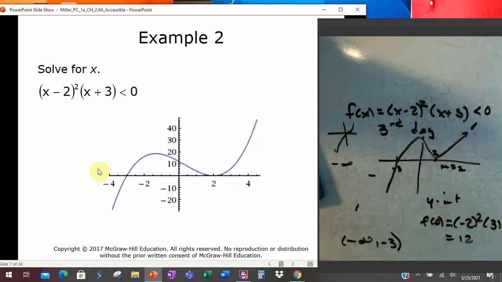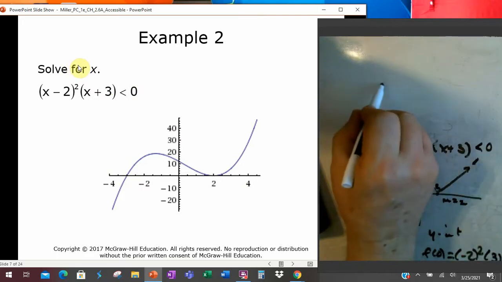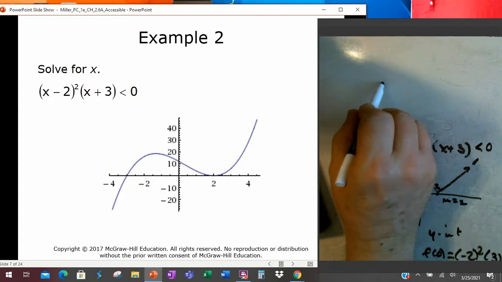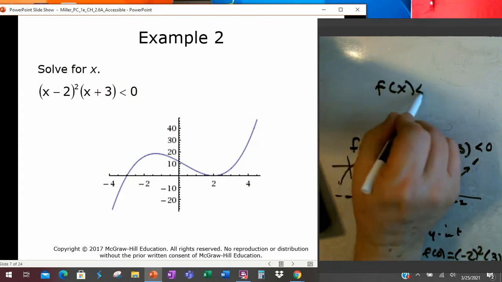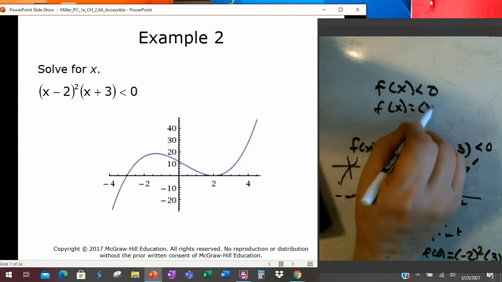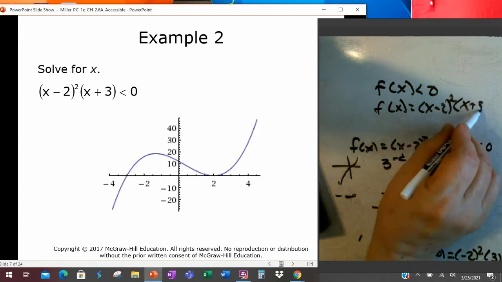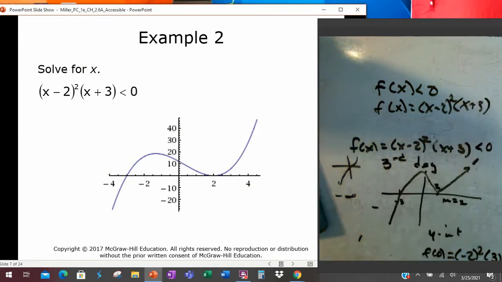If I'm given the graph, again, all I have to do is just read this off from the graph, okay? So this would be more in tune to saying, okay, where is f of x less than 0 when f of x is equal to x minus 2 squared, x plus 3, like that, okay?